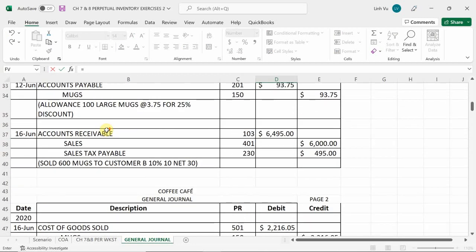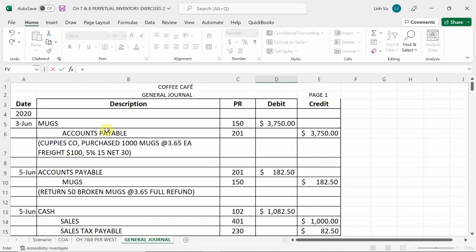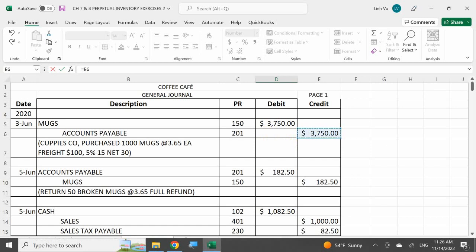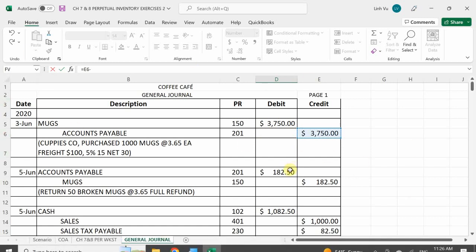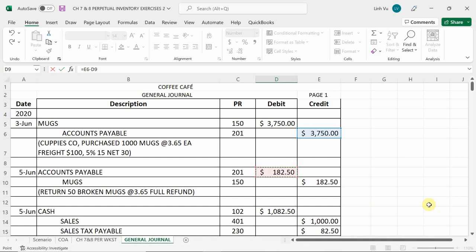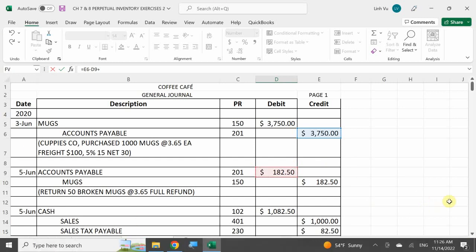So my first bill here, which I purchased on the 3rd, I owed a total of $3,750. However, because I ended up returning 50 of those mugs, I got a $182.50 refund.